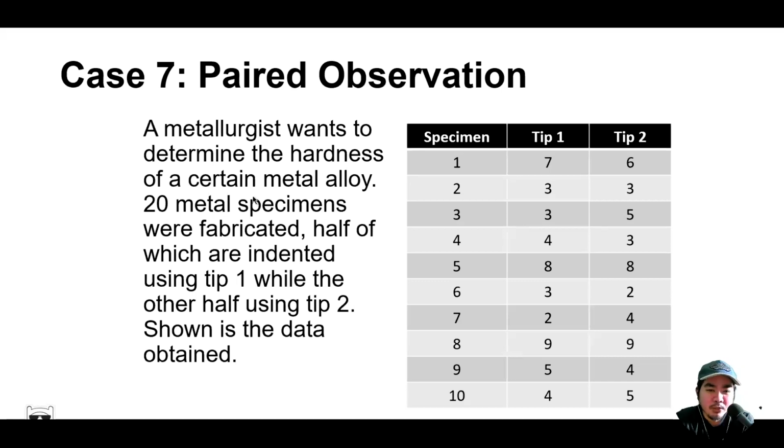So a better way of presenting this information is dapat meron tayong 10 metal specimens na lang. Tapos each metal specimen meron silang replicate. Tapos yung replicate na yon experiences tip 1 and tip 2. So parang ganun yun na lang i-imagine, no?